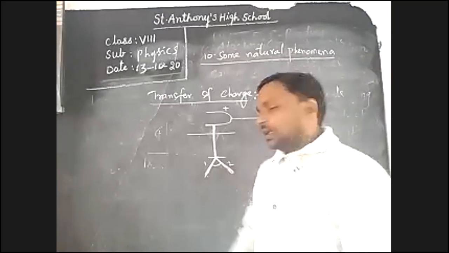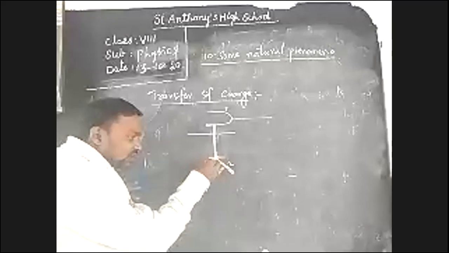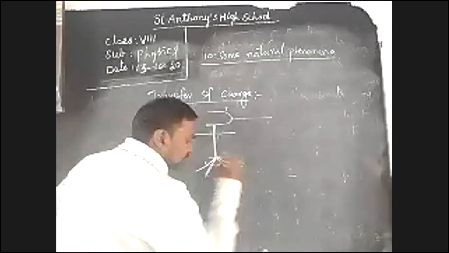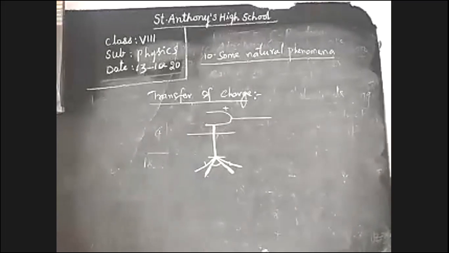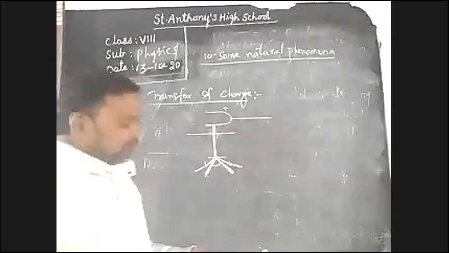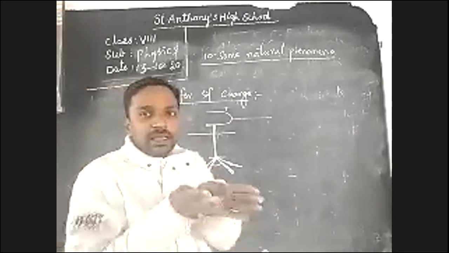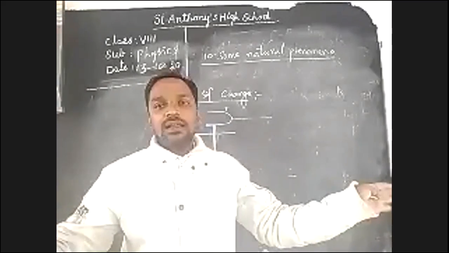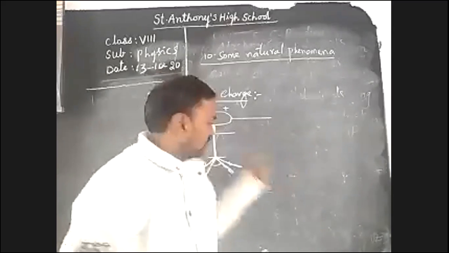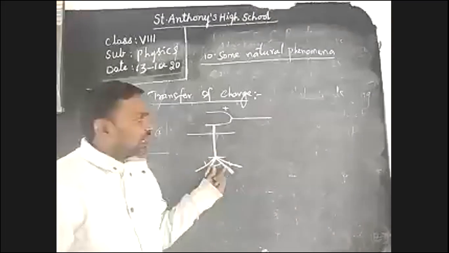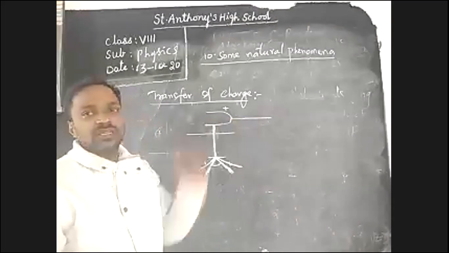They will repel. This one goes this side and this one goes that side, so there will be a gap here. The gap increases, which means this angle increases. They are repelling each other. By this, we say that this body is charged.